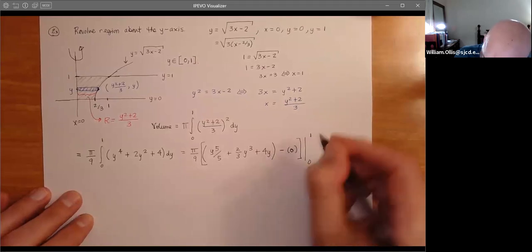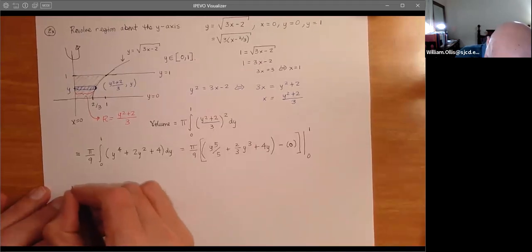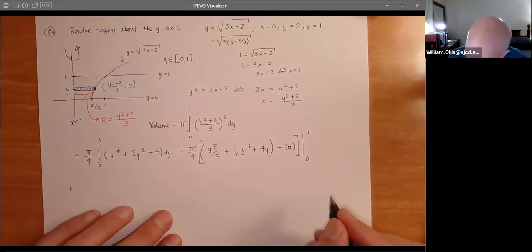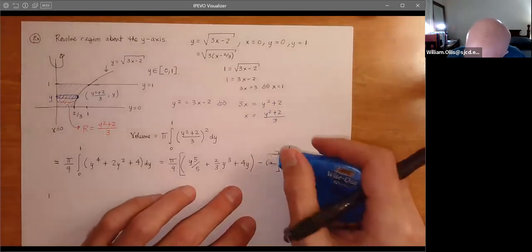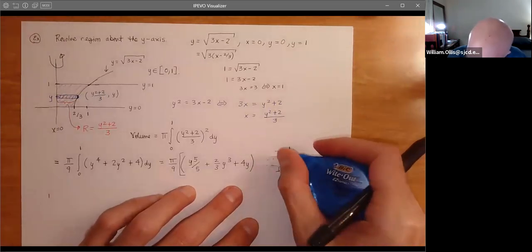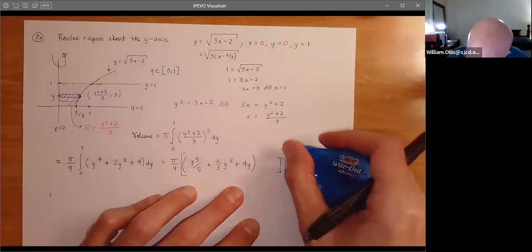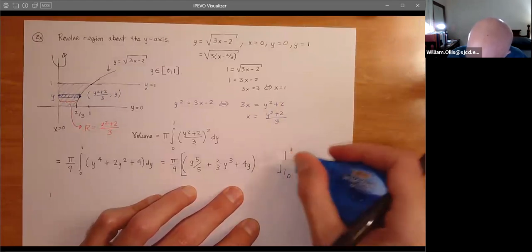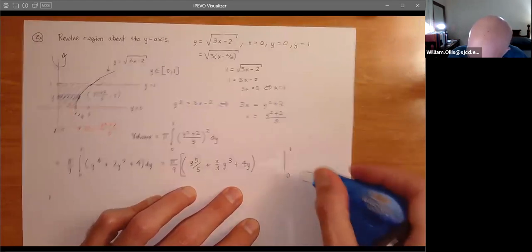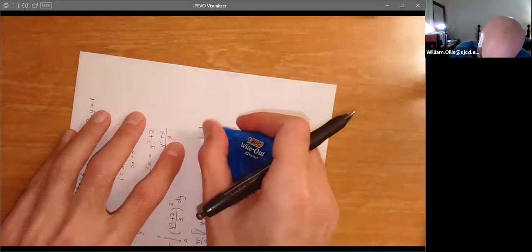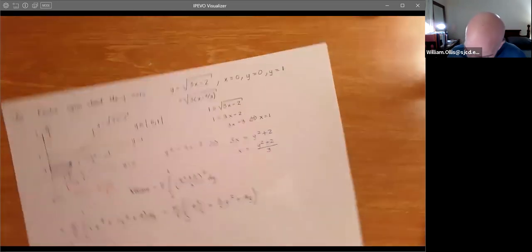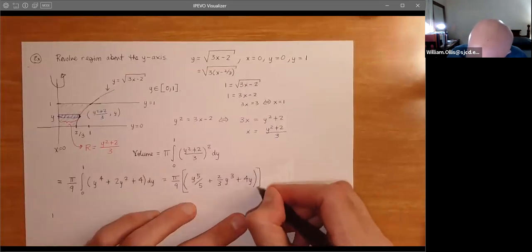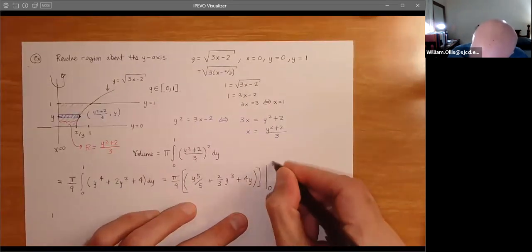How nice, 0 and 1. So in this particular case, let me not jump the gun. I went ahead and evaluated, so let me just move this over, thinking I'll go ahead and evaluate, but I certainly didn't want to do that. Then I can put in the 0. There we go.